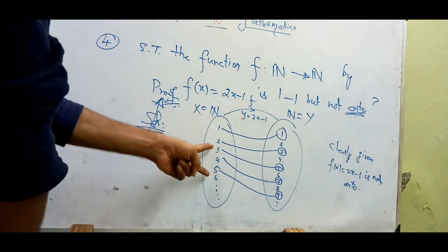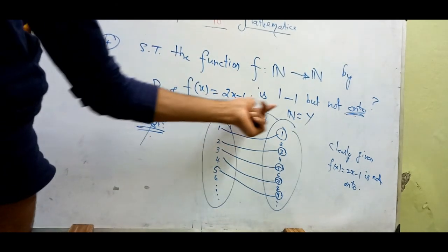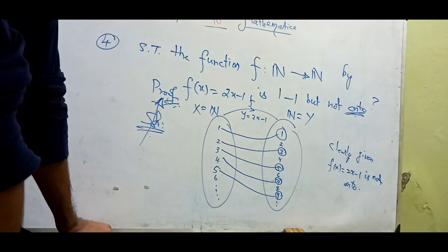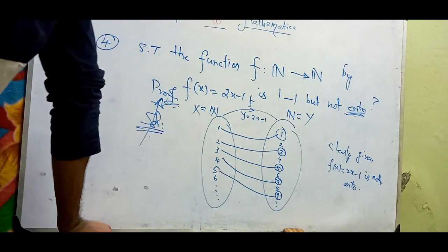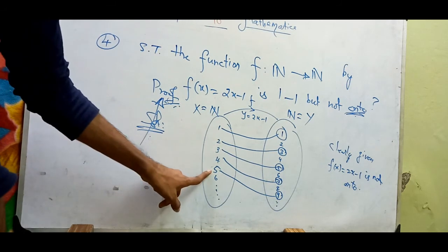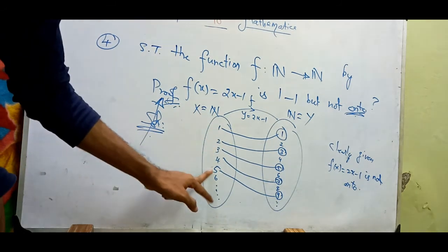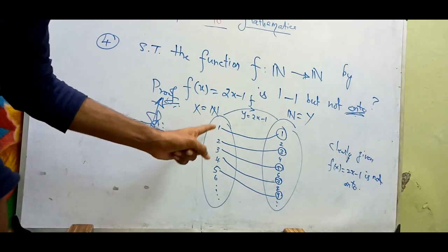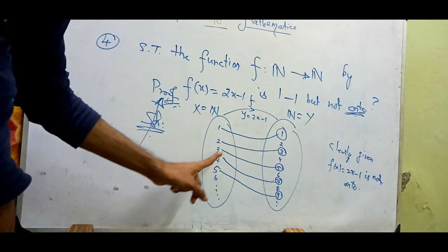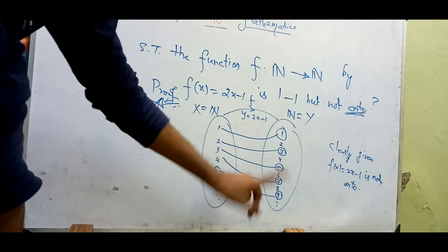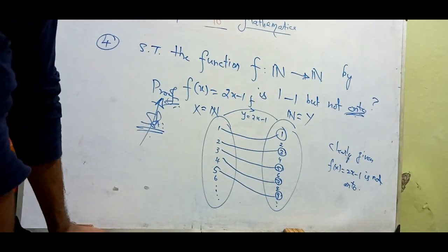But how can we prove f of x equal to 2x minus 1 is 1-1? We can tell it in this way also: each and every element in x maps uniquely to y in the second set, right?